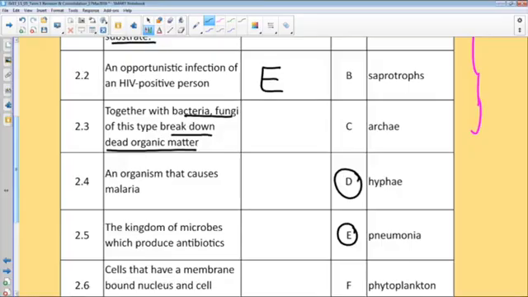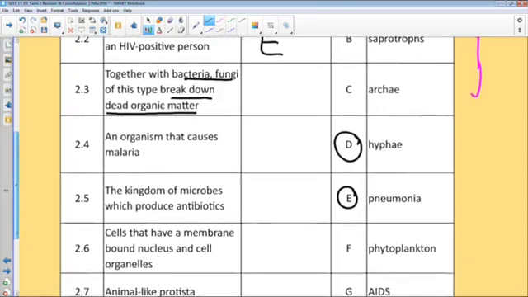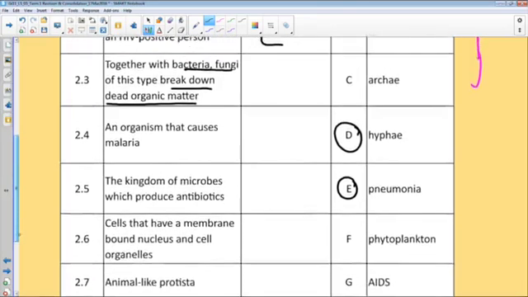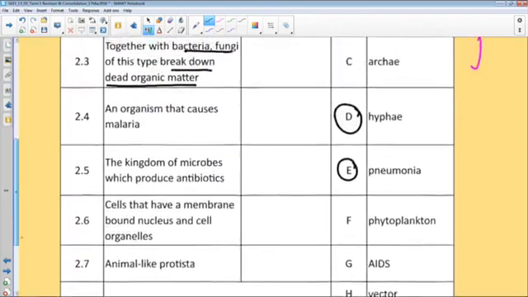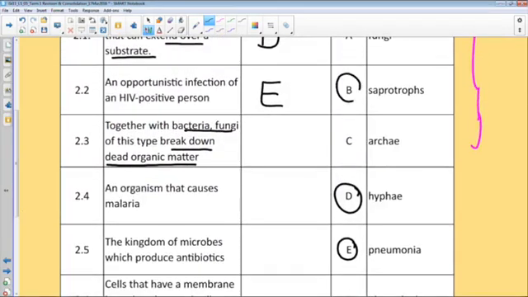And we refer to these as your saprotrophs. And if we look at possible answers, here we've got saprotrophs, and so what we should be looking at is how these saprotrophs are able to convert dead organic matter and break it down and return those nutrients back into the soil.